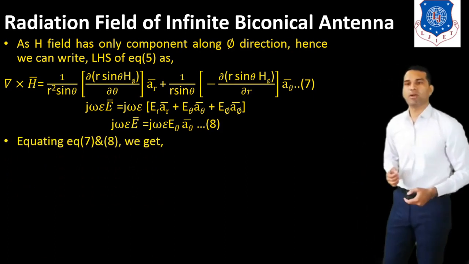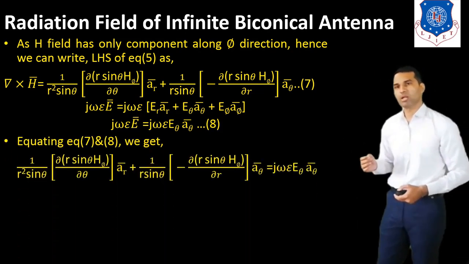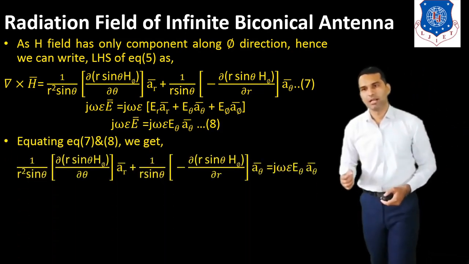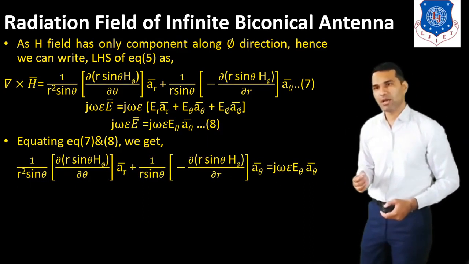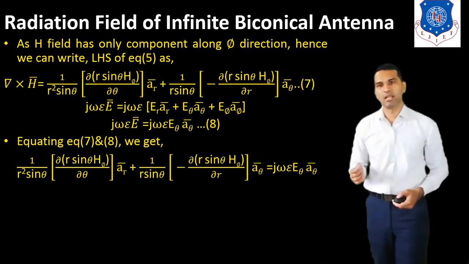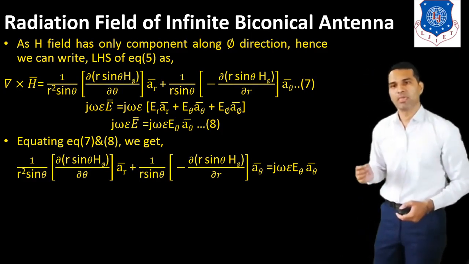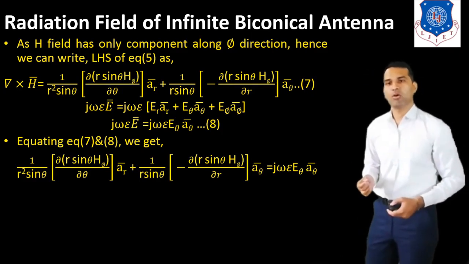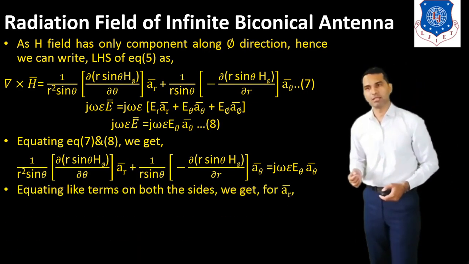Equating equation number 7 and 8, we get 1 upon r square sin theta del by del theta of (sin theta H phi) a r plus 1 upon r sin theta minus del by del r of (r sin theta H phi) a theta is equal to j omega epsilon E theta a theta.